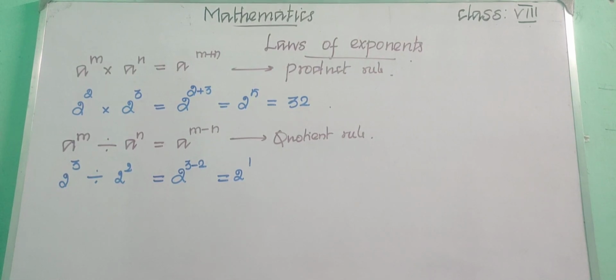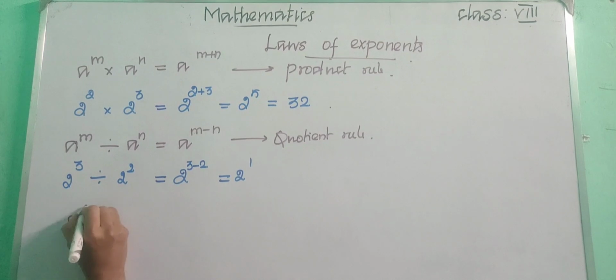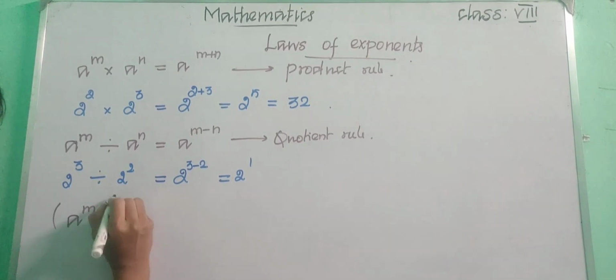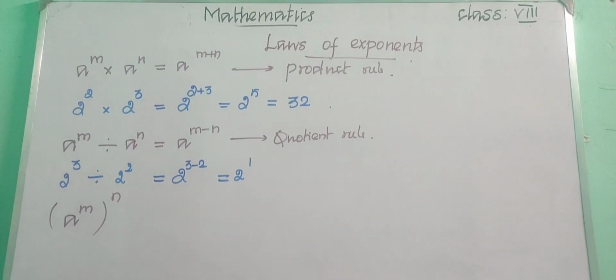Okay, children. And the next rule is called power rule, power law. See, if you are having a power m, the whole power n, two different powers, so what will you do? The power of a is m and again the whole power is n. So how will you write?